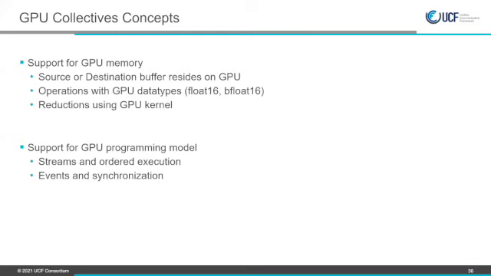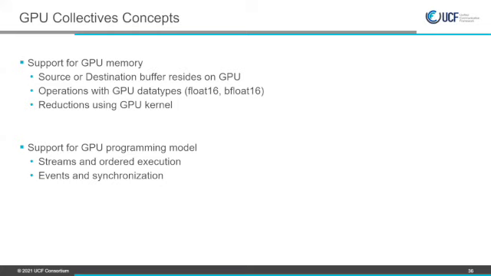First of all, support for GPU memory, and what I mean by that is when the source or destination buffer is allocated on GPU. So it can be CUDA managed memory, regular CUDA memory, or something different from host memory.